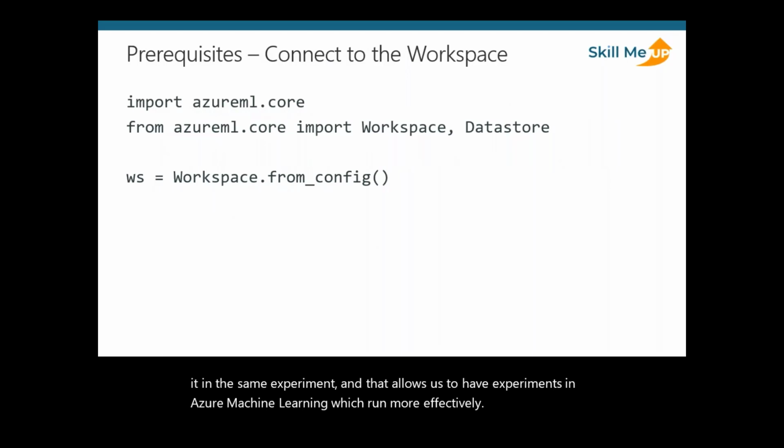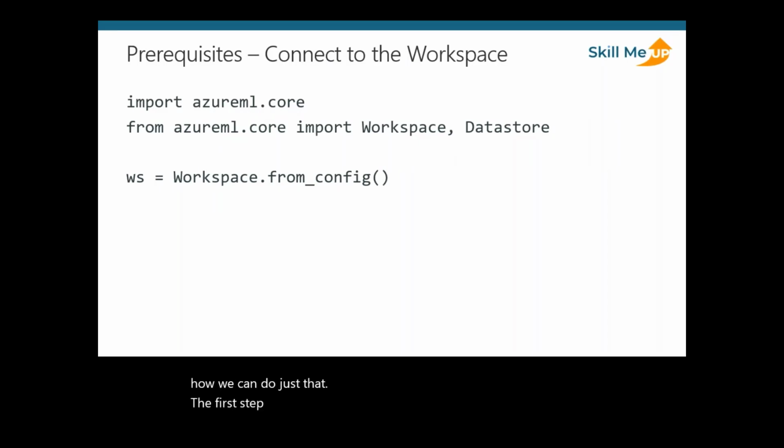So here's some examples of some code that will help us to understand how we can do just that. The first step, as always, is that we can ingest the Azure Machine Learning Service using the Azure ML Core class.